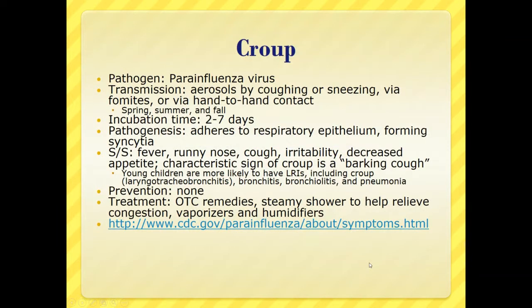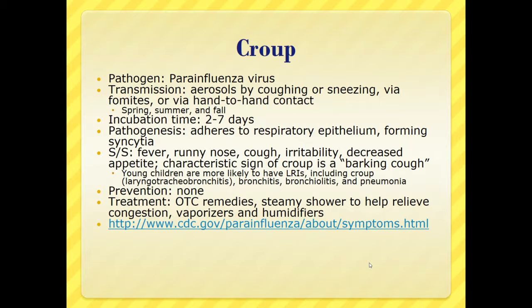Now, one viral infection that if you're a parent, you are very familiar with is croup. This one is a little bit different from the other respiratory viruses in that they tend to peak in the winter. Croup tends to peak in the spring or summer.